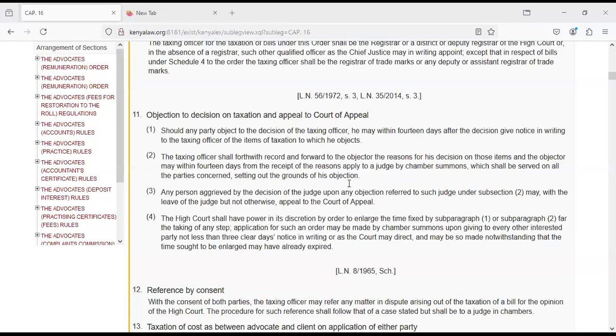So what are your prayers? That the Honorable Court be pleased to vacate and set aside the entire ruling and reasoning of the Honorable Taxing Officer, Honorable M. Taisia.